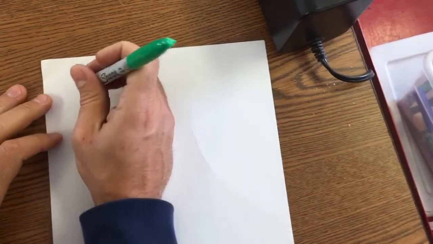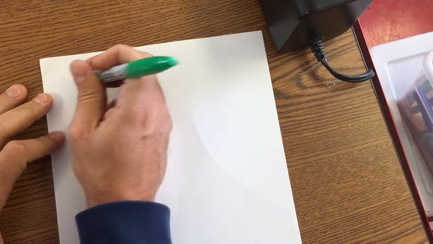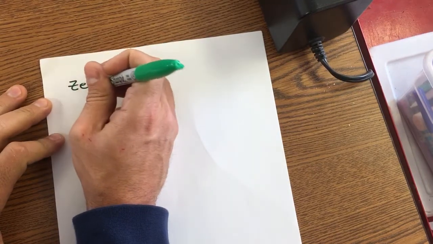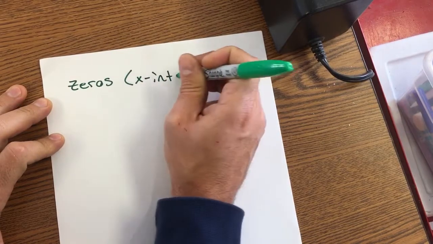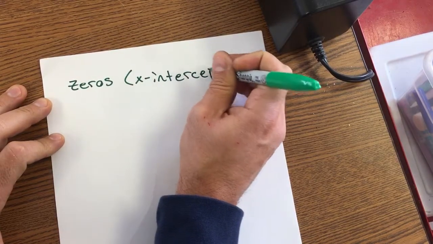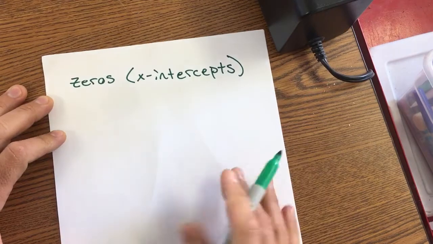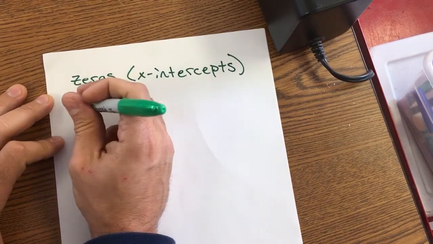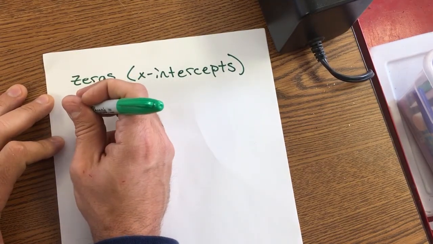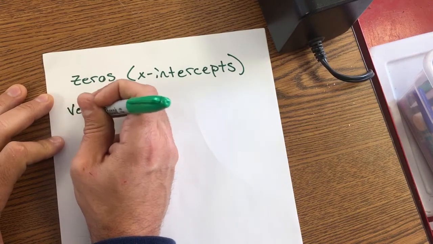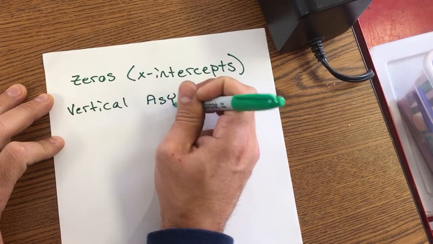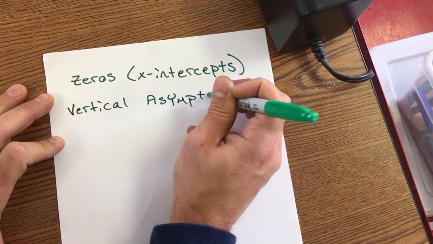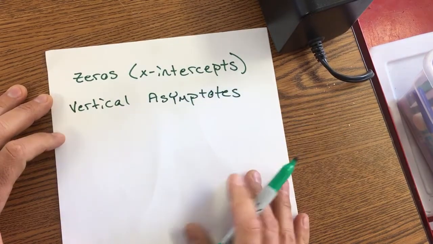All right, we're going to do some rational function stuff, and I'm going to put the problems first. So what we're going to be finding today are called the zeros, which are also your x-intercepts, two different names for the same thing. Okay? And we're going to be finding what's called the vertical asymptotes. And I'll explain what those are more as the video goes on.